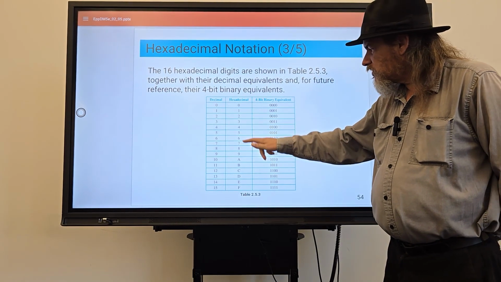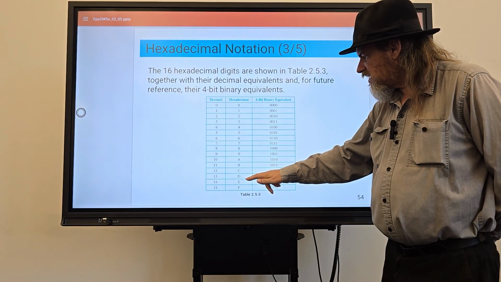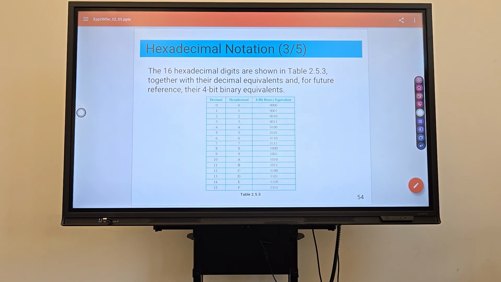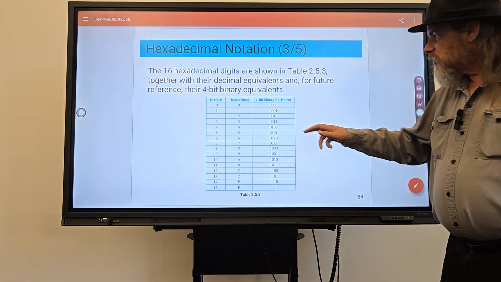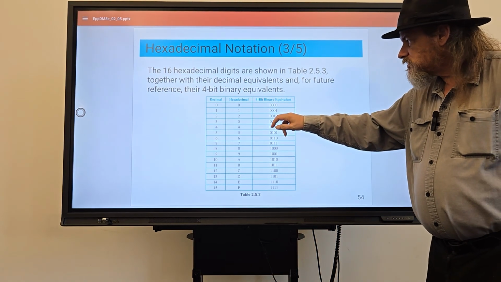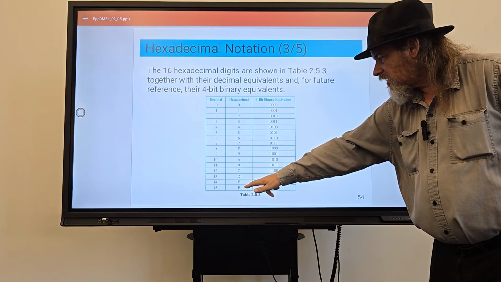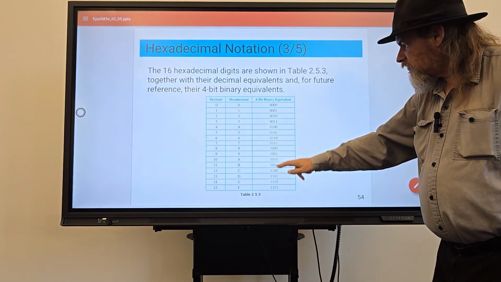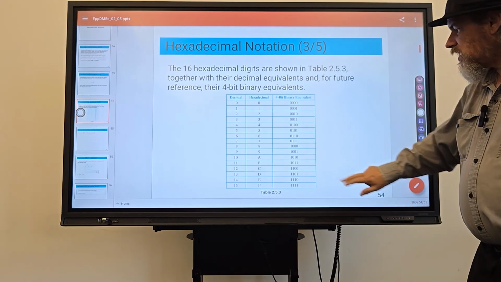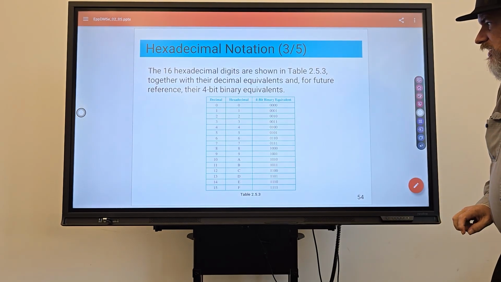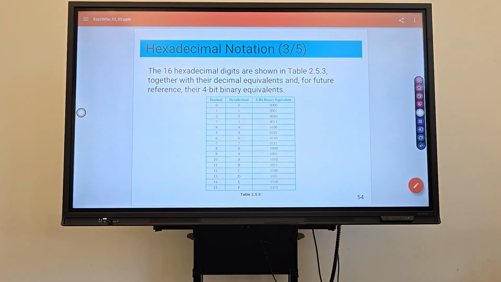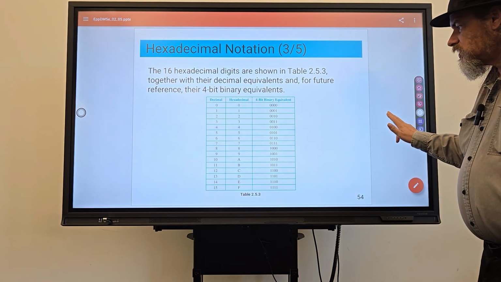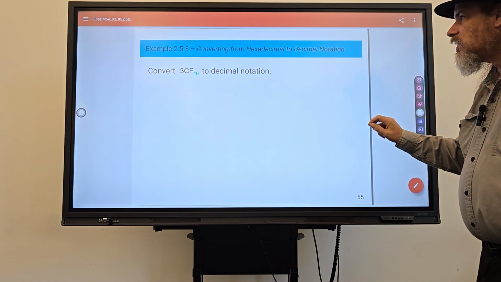Hexadecimal goes from 0 to 9, and then A, B, C, D, E, F. And each hexadecimal digit corresponds to a unique 4-bit combination of binary digits. There's a 1-to-1 correspondence.